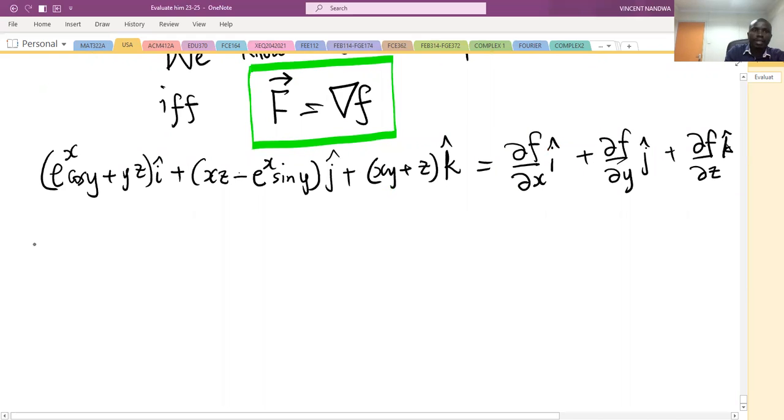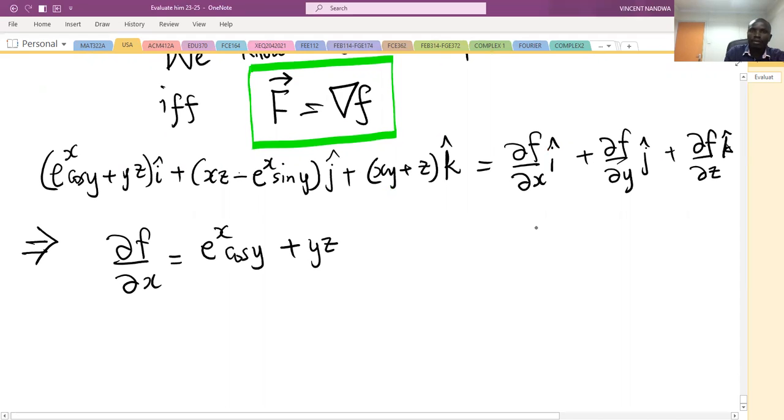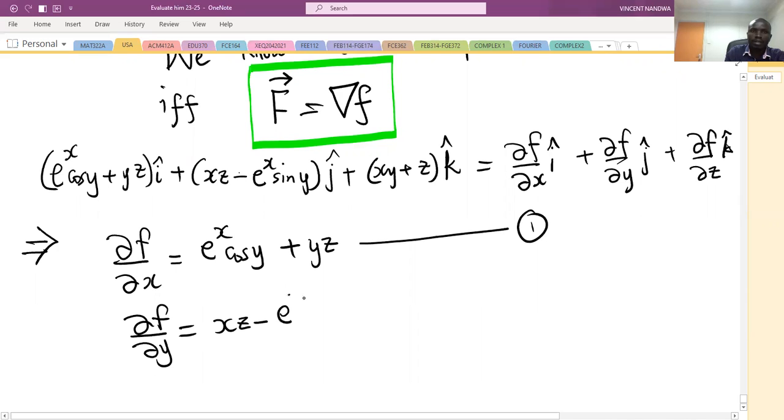So this implies that partial f partial x is equal to e raised power x cosine of y plus yz, call it equation 1, and then partial f partial y equals xz minus e raised power x sine of y, call it equation 2.